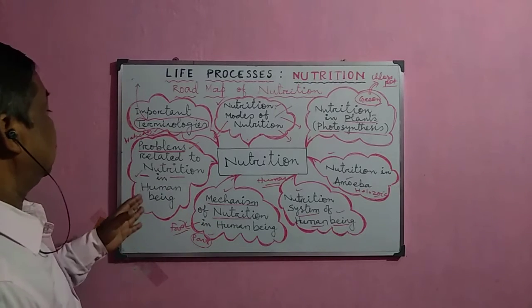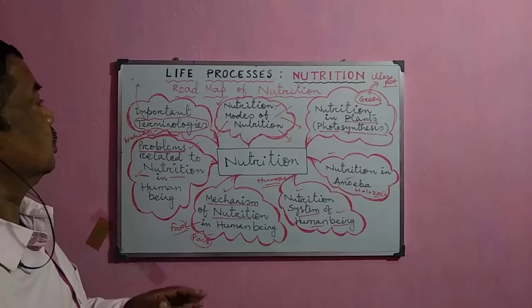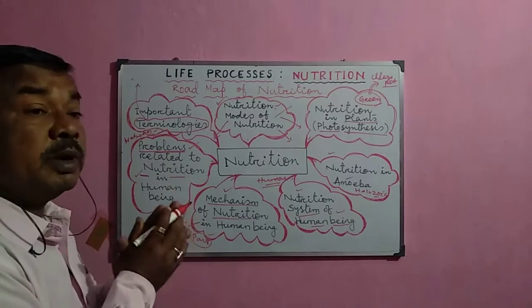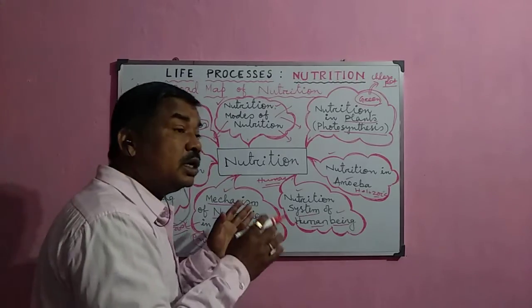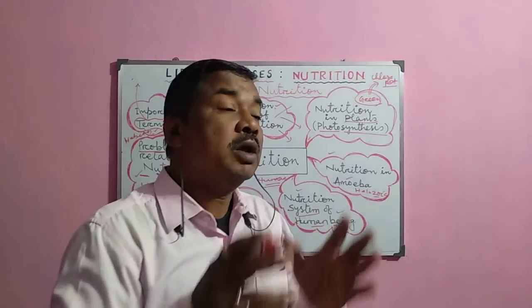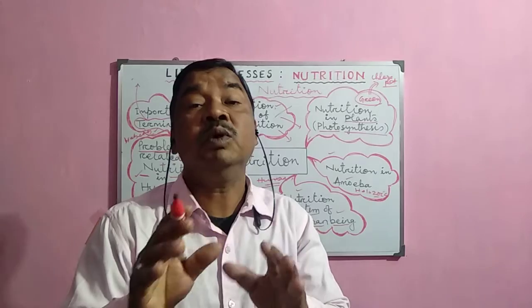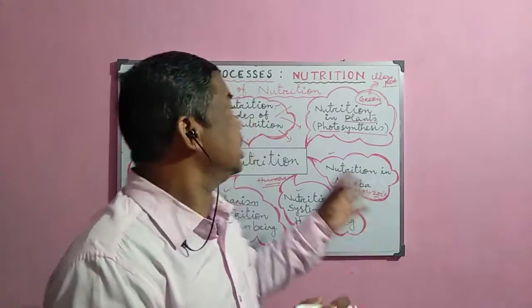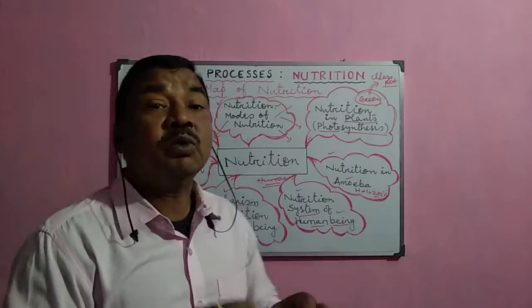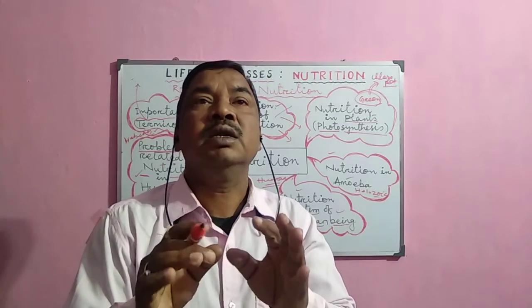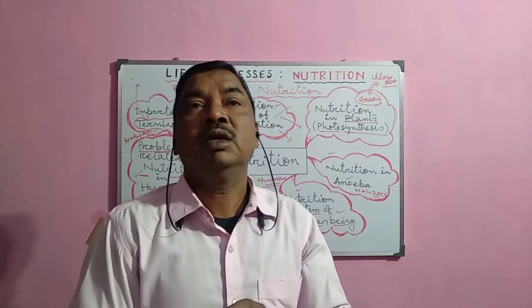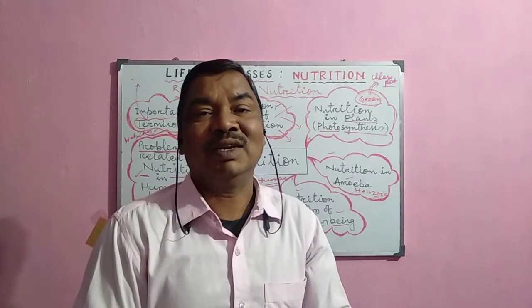So we shall study all these things in detail. So this is the roadmap of this chapter or this topic, nutrition, and we shall discuss in detail one by one, phase by phase, so that you will be able to understand each and every part of it, and you can write your answer in a clear way, in a precise way, so that you can score good marks in your examination.